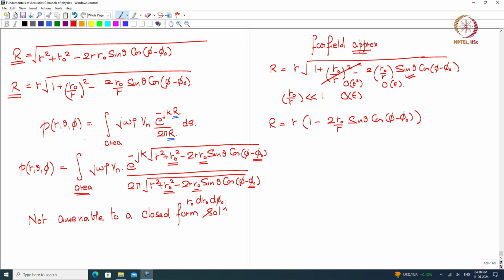Now we will do a further approximation, so this looks like now r minus twice r0 sin theta cos of (phi minus phi 0).